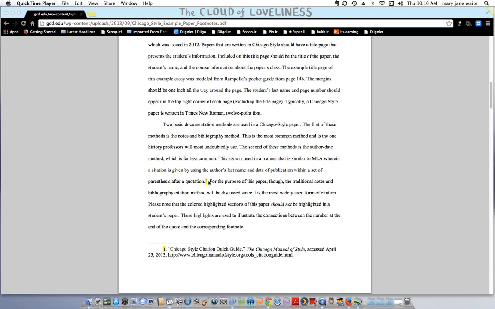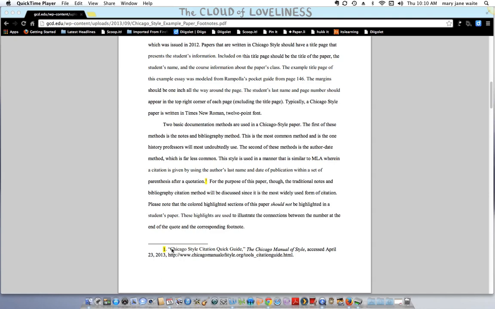If you look at the bottom of the page, or the foot of the page, you'll notice a corresponding number. However, if you look closely, that corresponding number 1 is not small and it's not a superscript. It is a full-size number.